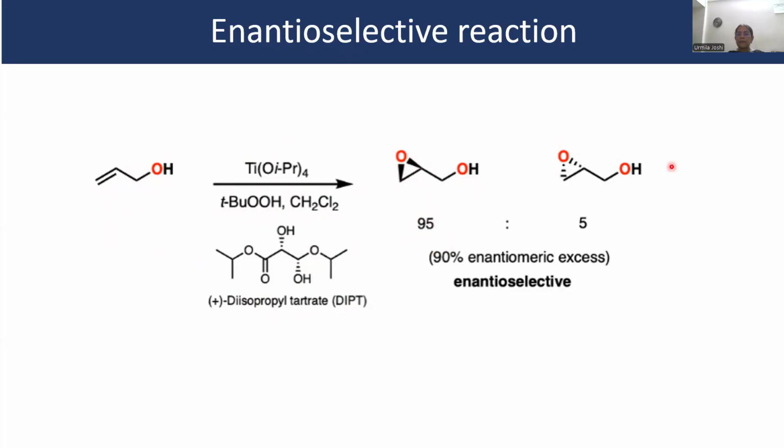This peroxide is formed in 5% amount. So there is 90% enantiomeric excess formed. And therefore, this reaction is called an enantioselective reaction.